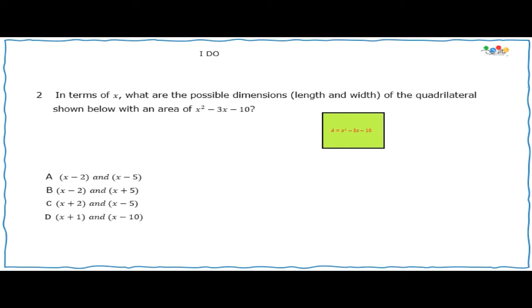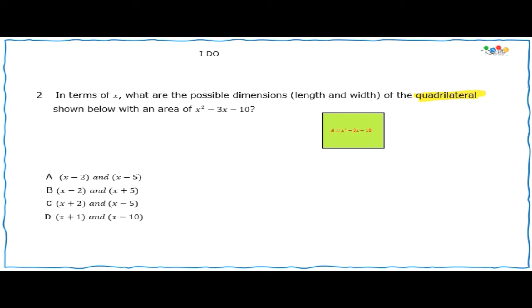So first of all, let's analyze what is given to you. Well, we do know that it's a quadrilateral because it has four sides, right? So let's underline that, highlight it, however you guys prefer.